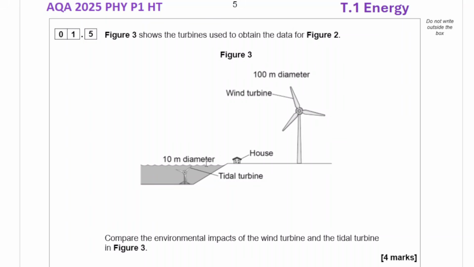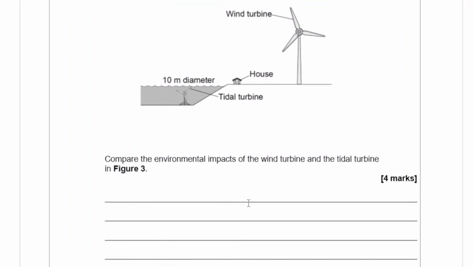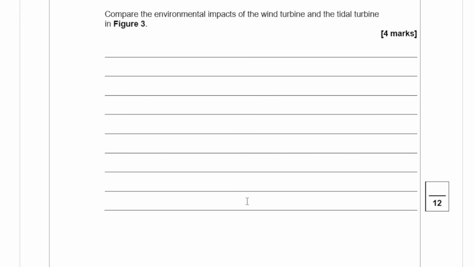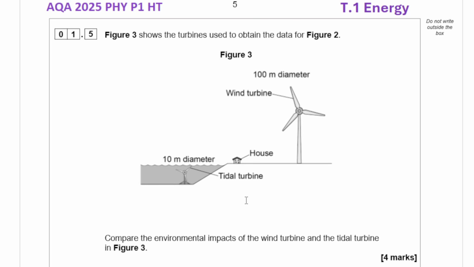Tidal is not noisy because it's underwater, doesn't harm the birds but may harm the fish. Wind turbine might not harm the fish. In terms of noise pollution, there's no noise pollution with the tidal, but in terms of visual pollution, wind turbine has visual pollution, whereas the tidal, there's no visual pollution. And because it's big, it needs probably more construction materials.